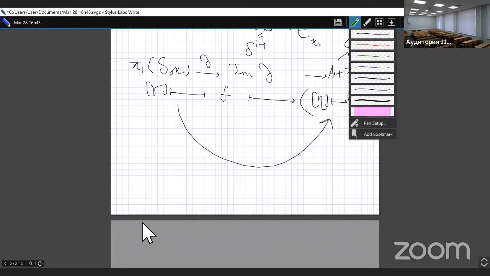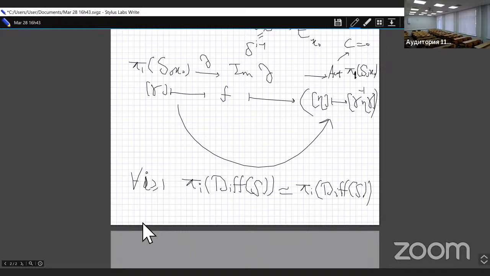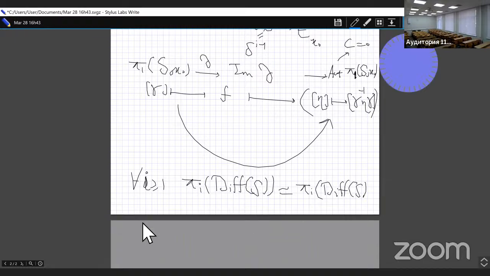For now we proved that for every i, we have this pi_i isomorphic to pi_i of this.